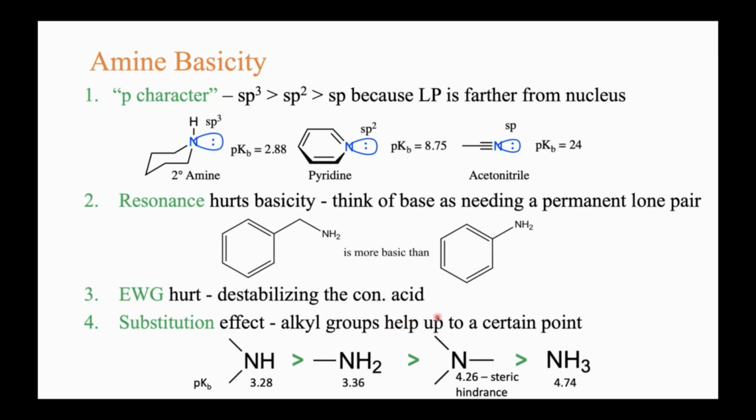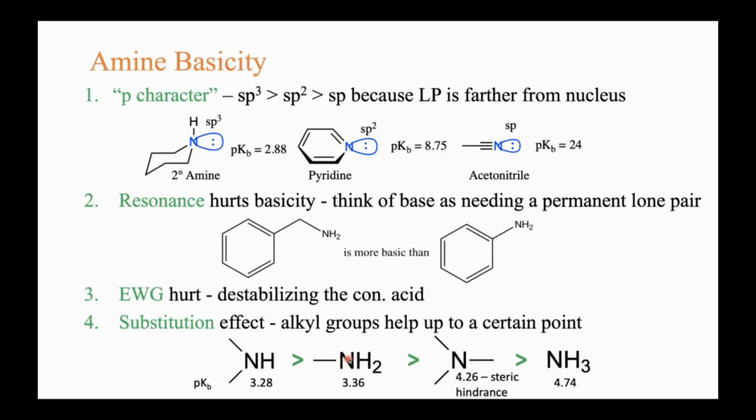Substitution effects. These are electron donating groups. Typically we use R groups or methyls in this case. Alkyl groups will help us up to a certain point. So we can see that when you compare just ammonia, NH3, to a primary amine, it's a lower pKb because of this electron donation from the alkyl group.